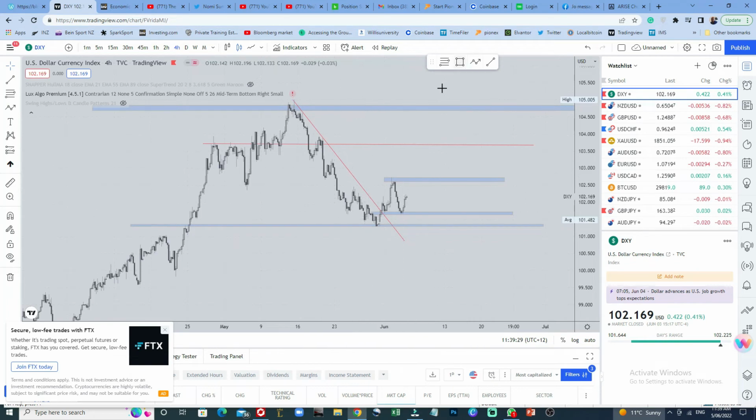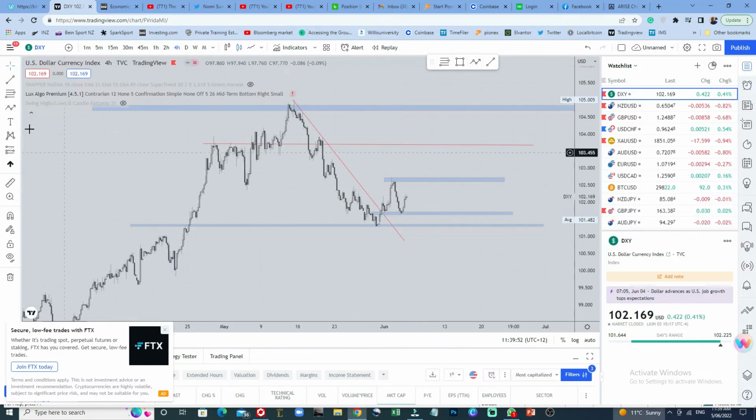Now, another way to go about this analysis is the multi-time frame analysis. I will analyze on a 4 hours time frame and enter on a 15 minutes time frame. What do I mean?